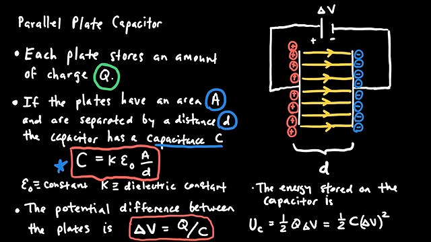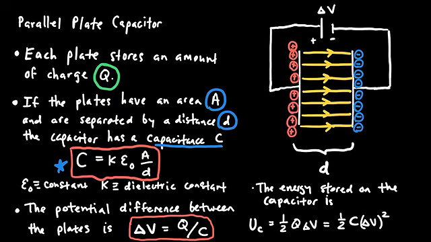The potential difference between the two plates is defined as the charge on one of the plates, Q, divided by the capacitance of the capacitor, which for a typical parallel plate capacitor could always be figured out by using the equation that relates the area and the distance.